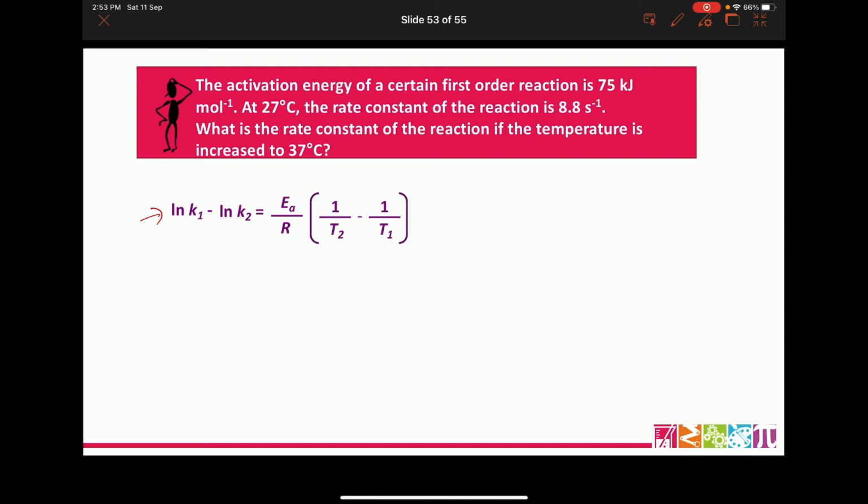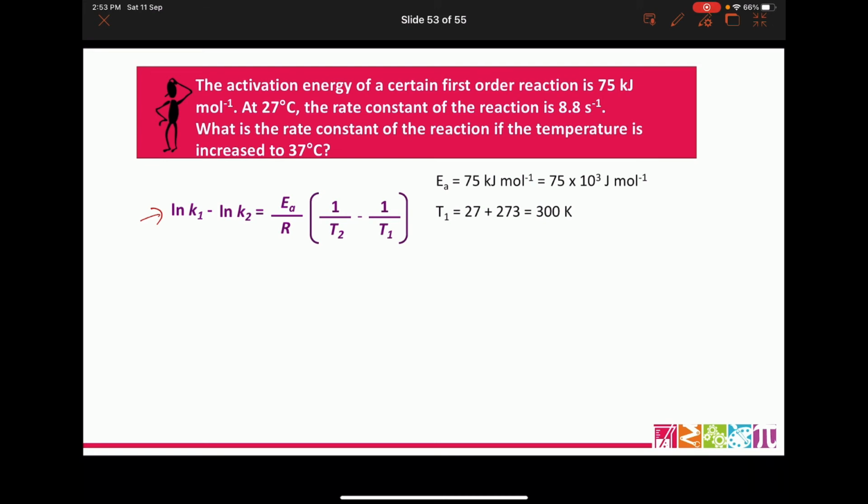First step, you need to extract all the information from the question, which is Ea equals 75 kJ per mole, and we can change it to joule per mole by multiplying by 1000. Then T1 is 27 degrees Celsius, change it to Kelvin, 300.